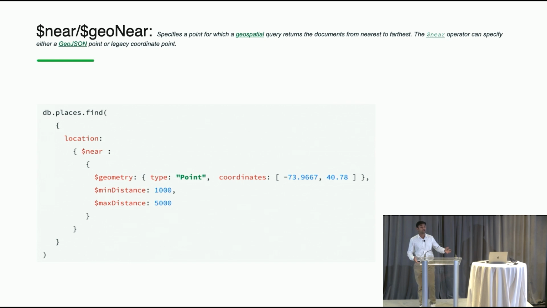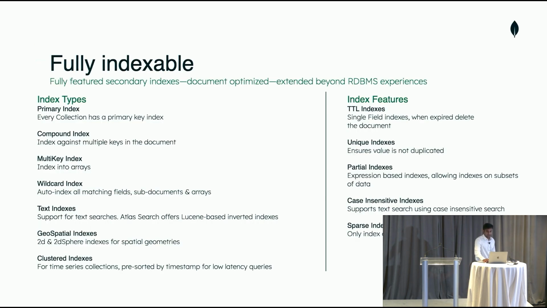And moreover, it gives the customizability in the query to specify a minimum and a maximum distance. In addition to the aggregation pipeline, running those with the rich indexing capability that MongoDB provides, such as compound indexes, and in this case, geospatial indexes, Dylan can run these queries with confidence at high scale.